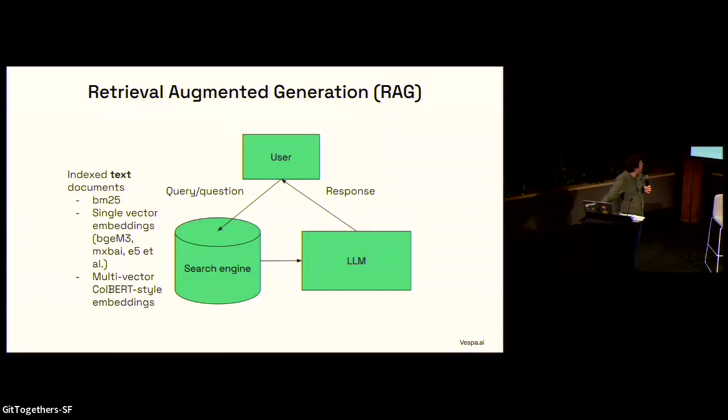Right, so this is the typical way. You embed the question, you search in the search engine or vector database, which is basically the same thing, except search engines have more features and work better. And then you give the context to an LLM as text. And there's more advanced ways to do this as well.